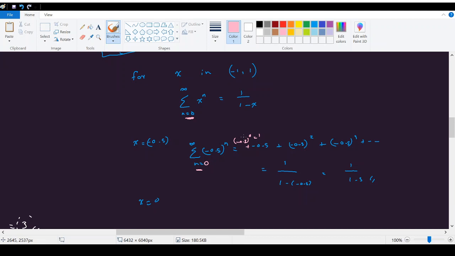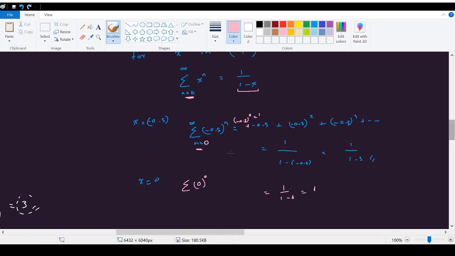If we substitute x equals 0 to the right hand side, then it will be equal to 1/(1 minus 0), and that is equal to 1. But if we substitute it to the left hand side, you will get this one, right? If we expand the series, it will look like this.